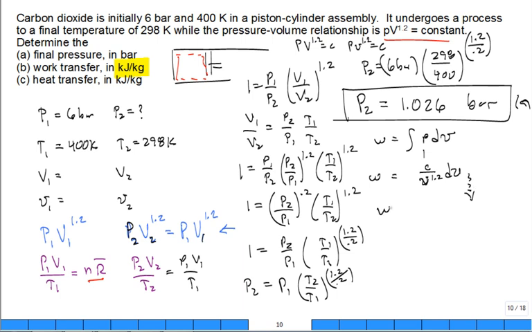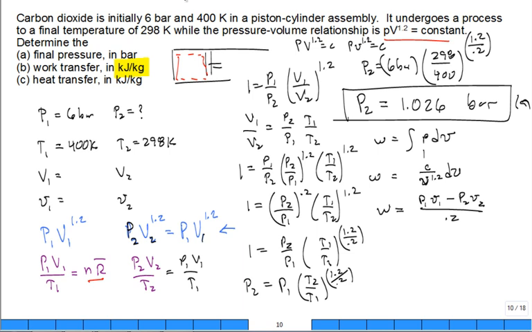But that integral comes down to P1 V1, put it on a per unit mass basis, minus P2 V2 divided by 0.2 for this problem, which is K minus 1 or N minus 1. And then we look and we say, hey, it always behaves as an ideal gas.